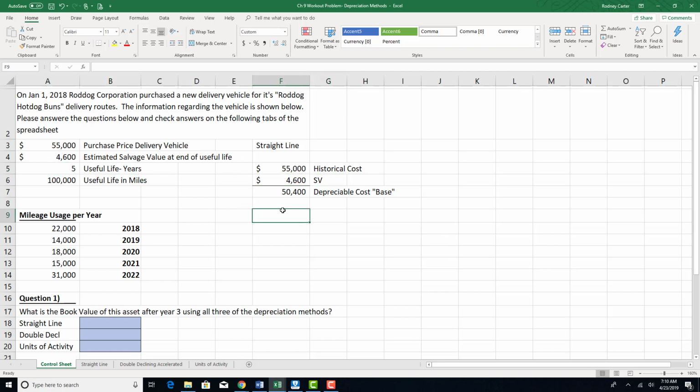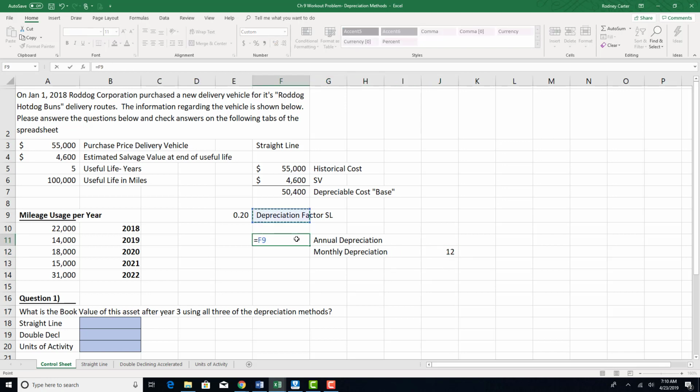So with that said, I'm going to now create a depreciation factor. 100% of the depreciation divided by how many years? We have 5. I'm going to write depreciation factor for straight line right here. And now I'm going to calculate annual depreciation, and then of course I can do monthly depreciation because we have 12 months in a year.